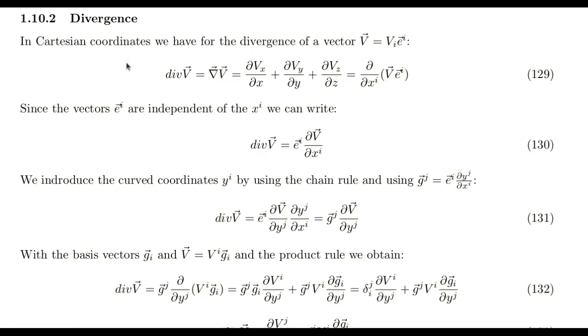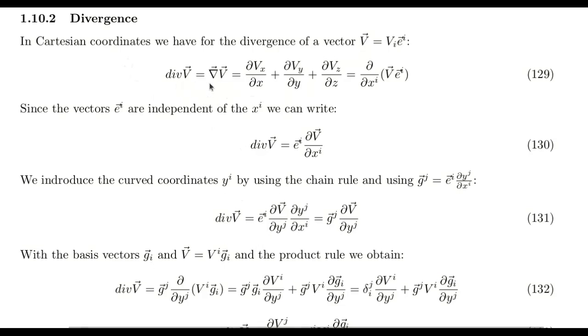We were already considering the gradient in a curved space. Now we want to look at the divergence in a curved space. We start with Cartesian coordinates in a flat, three-dimensional space, and we have a vector field V, and so we can write div of the vector field, or we can write the divergence with a Nabla operator.